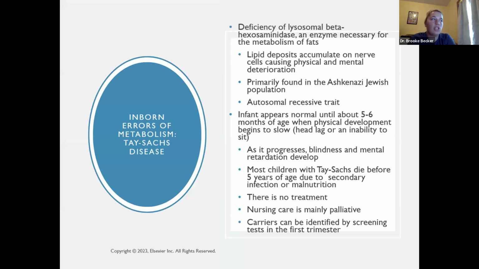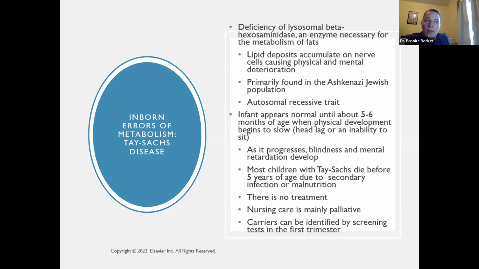So there's different deficiencies. This is talking about Tay-Sachs disease. This is an autosomal recessive trait, most commonly found in the Ashkenazi Jewish population. These are lipid deposit accumulations on the nerve cells, causing physical and mental deterioration. These kids start as normal infants until about 6 months of age, and then all of a sudden they start having head lag. They can no longer sit.